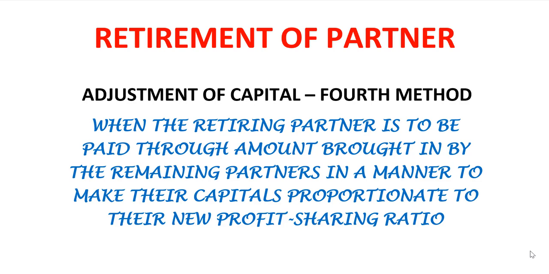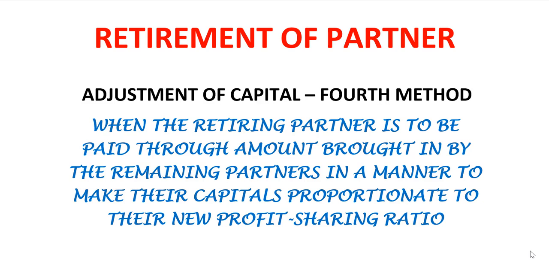Hi, in this video, we will discuss the fourth method of adjustment of capital at the time of retirement of partner. The fourth method is when the retiring partner is to be paid through amount brought in by the remaining partners in a manner to make their capitals proportionate to their new profit sharing ratio.